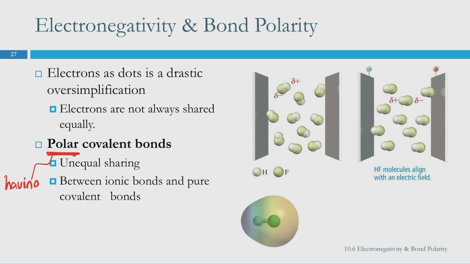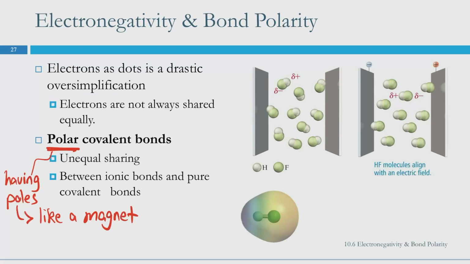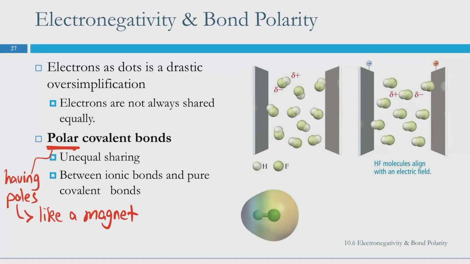So polar bonds means having poles, like poles on a magnet. It's got a positive side, a negative side. And we have unequal sharing in a polar covalent bond.